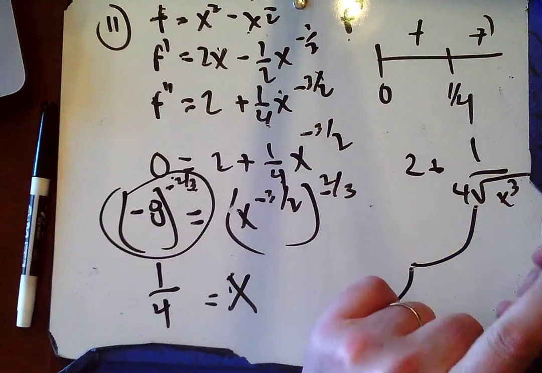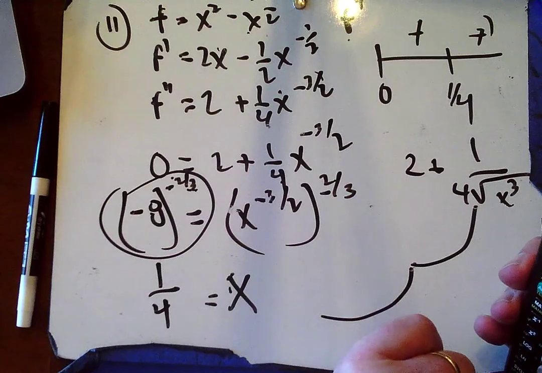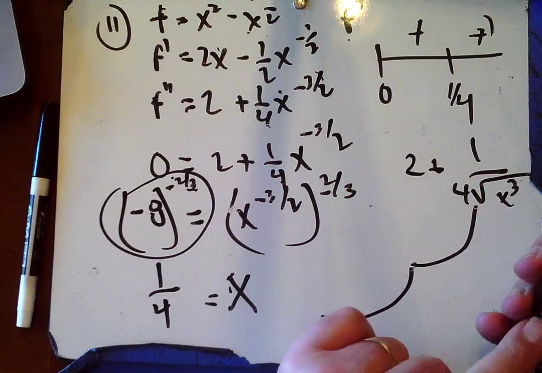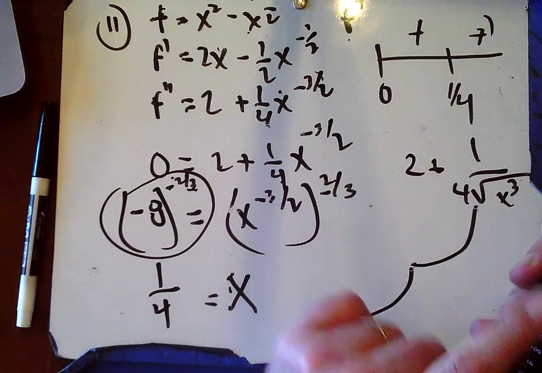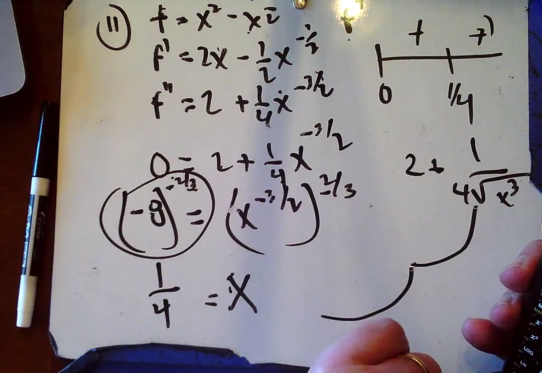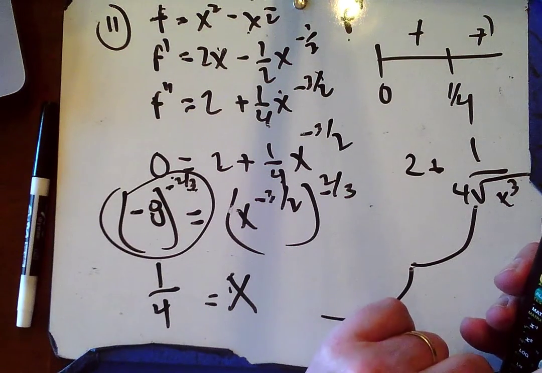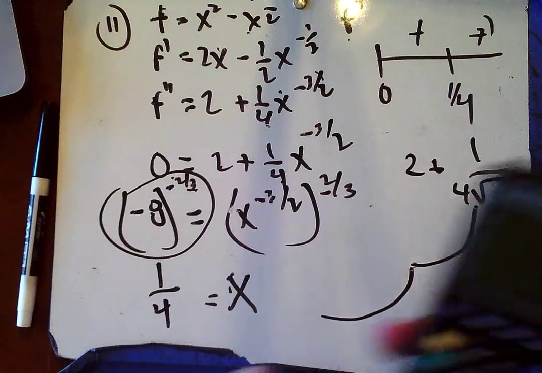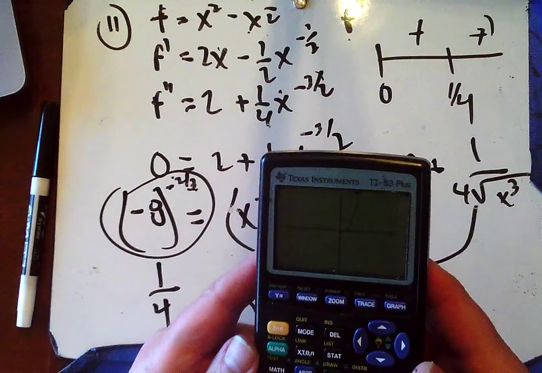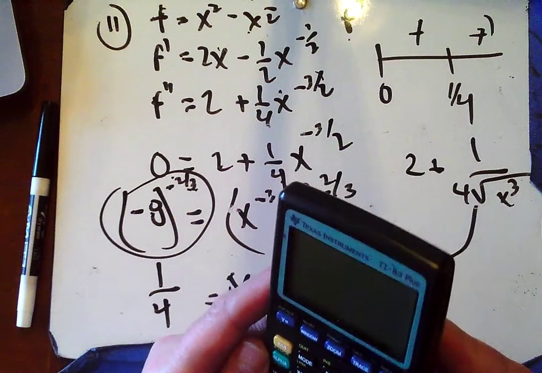Let's see what we got going on. I'm going to go back and graph the original function just out of curiosity to see what I've got. X squared minus square root of x. And let's zoom standard. Kind of looks like a parabola.